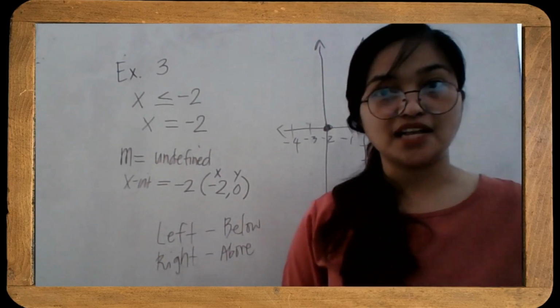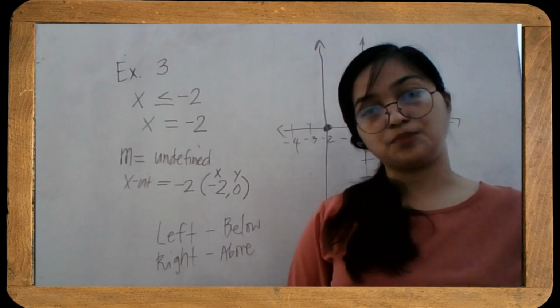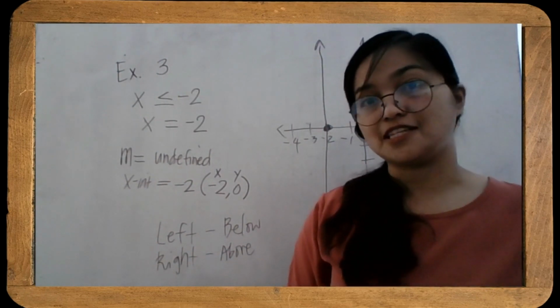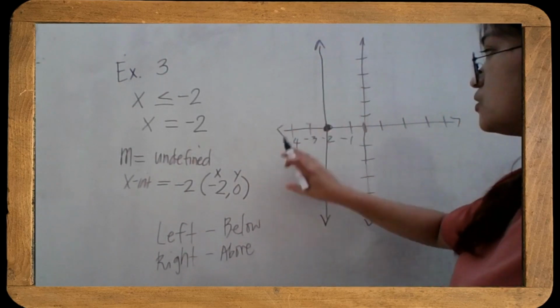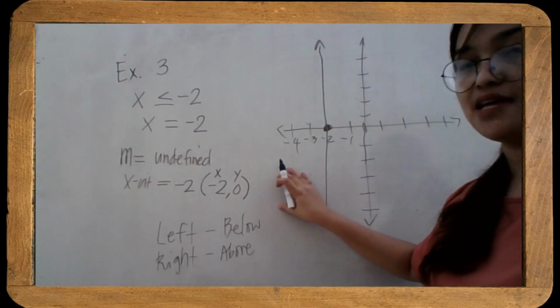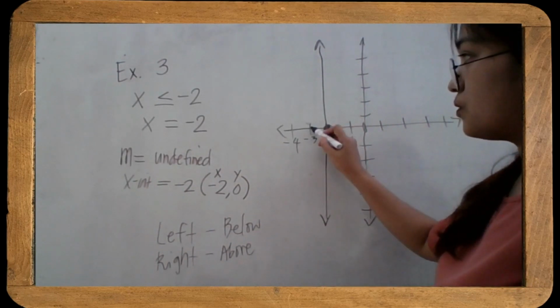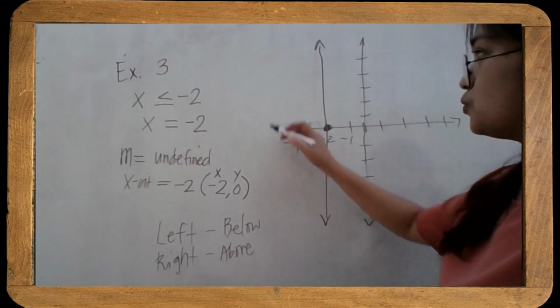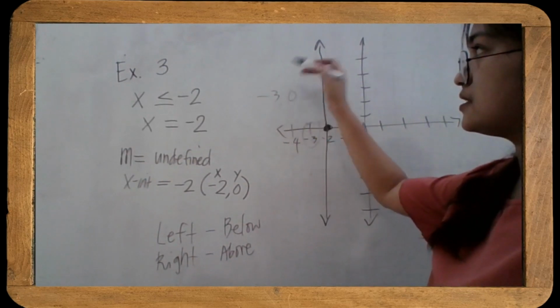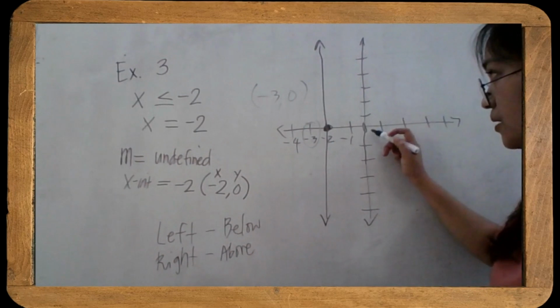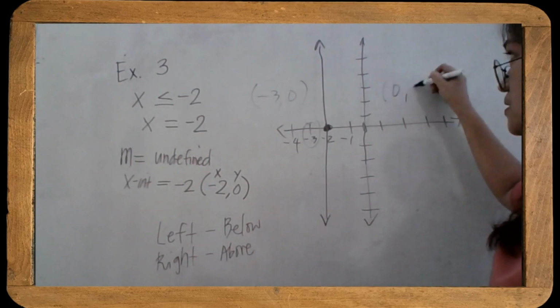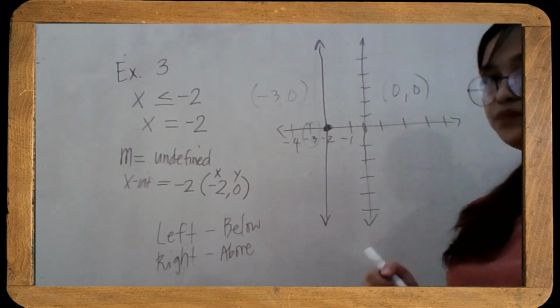Now, let's prove that by substituting a testing point. Now, let's choose a testing point. So, sa first region, ang piliin natin ay ito. Okay? So, we have negative 3 and 0. And for this region, syempre, ang gagamitin natin ay the origin, 0 and 0.